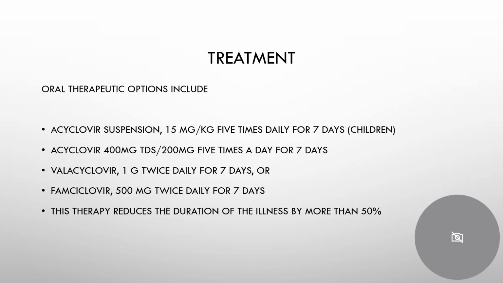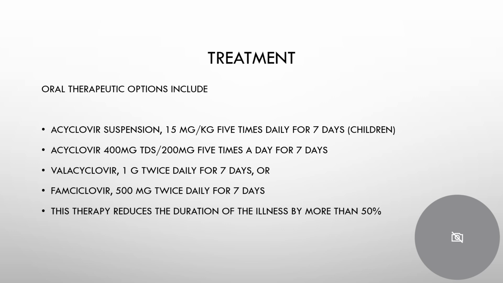Treatment of HSV1 and 2 is with oral antiviral medication, as topical antivirals have been shown to have minimal effect. We use acyclovir suspension for children at 15 milligrams per kilogram 5 times a day for 7 days. We use acyclovir 400 milligrams 3 times a day for adults for 7 days.